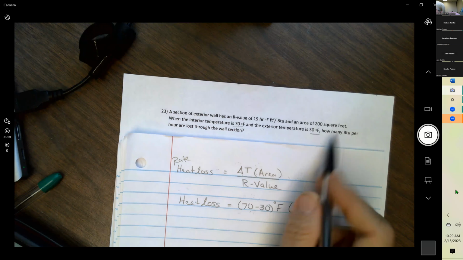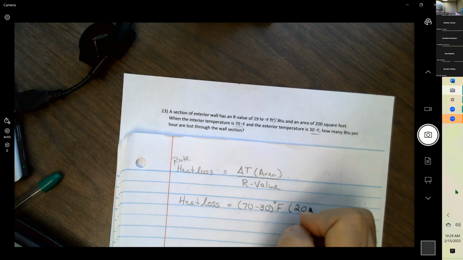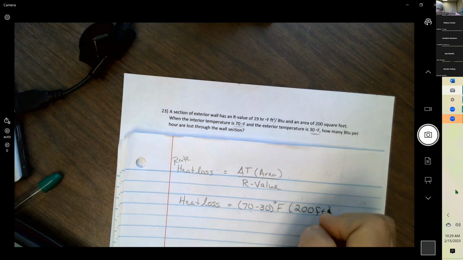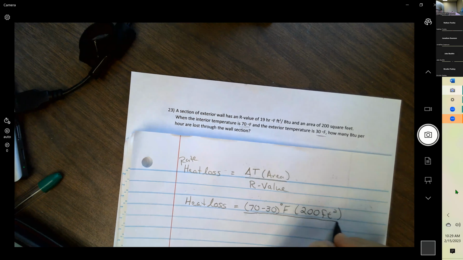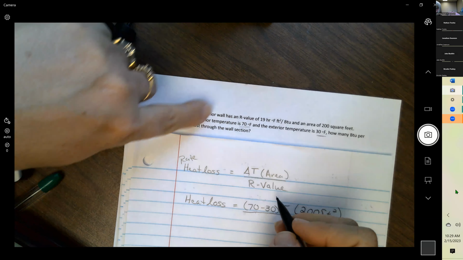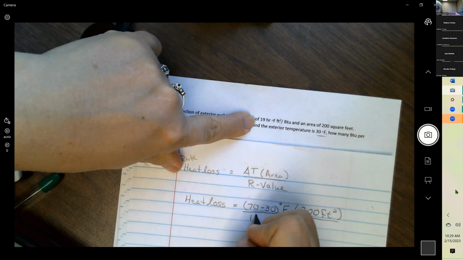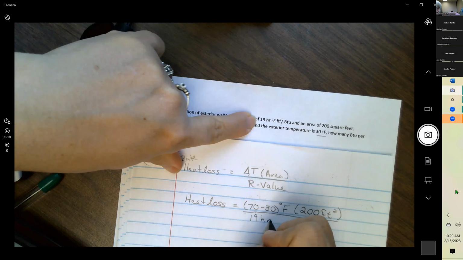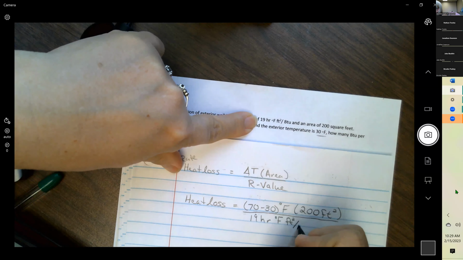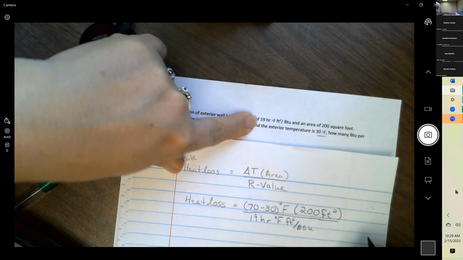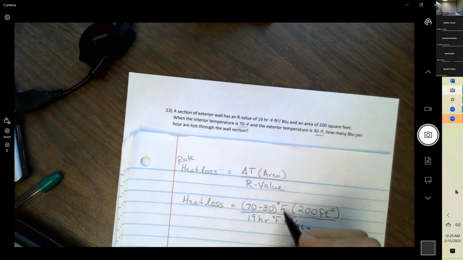The area, 200 feet squared, divided by our R value, which was 19 hours degrees Fahrenheit feet squared per BTU. The feet cancel, the degrees cancel. And you just calculate.